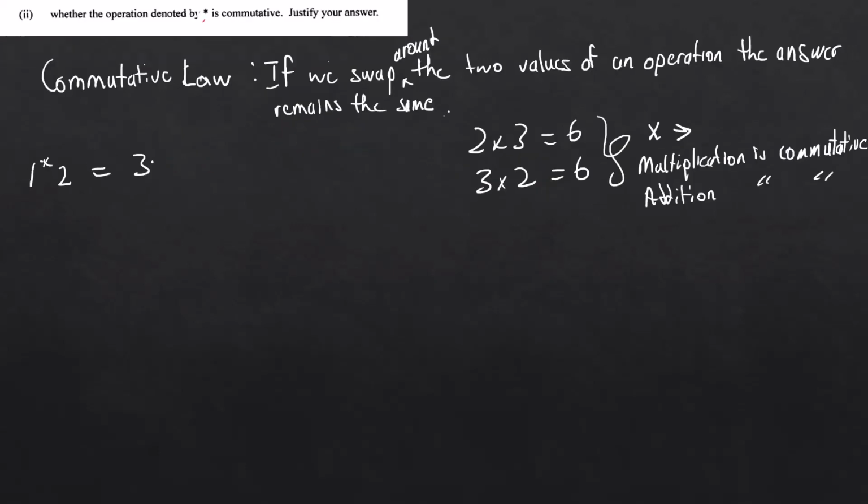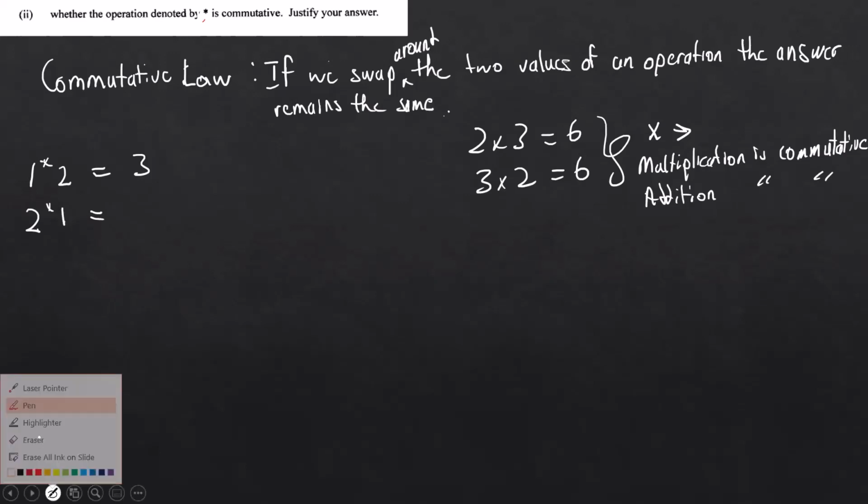So what would you do to check if this operation is commutative? We can swap and check and see what answer we get. So if I swap, 2 asterisk 1, see what answer you get, right?